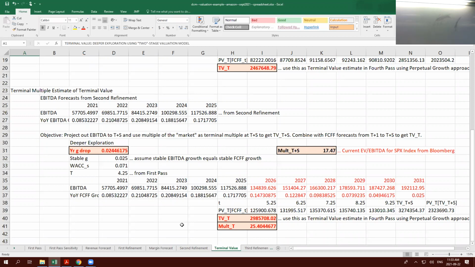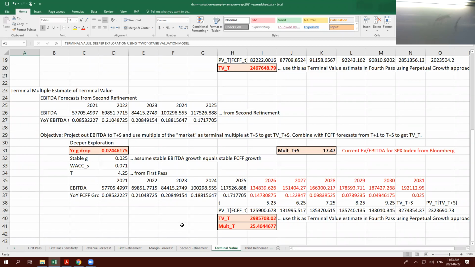But why? Because I feel a little bit more comfortable picking a multiple that I think Amazon will have in 10 years, because I feel more confident that in 10 years, it's going to be a mature company that looks more like the S&P 500. And so that multiple in 10 years is the S&P 500 multiple, but I'm using the one right now.